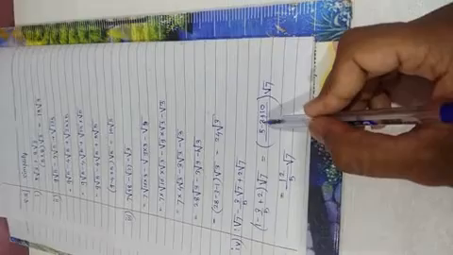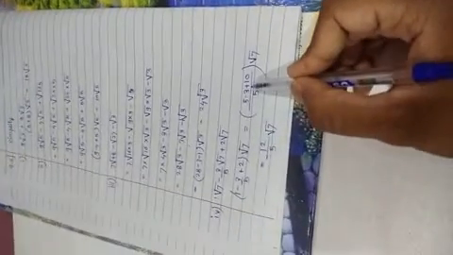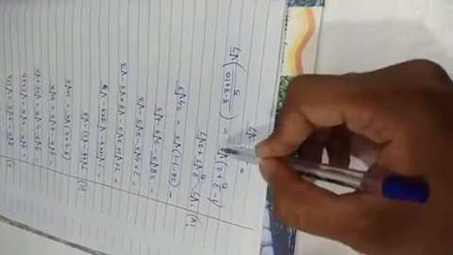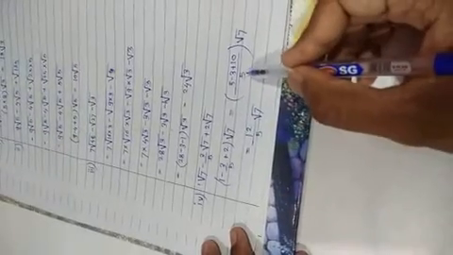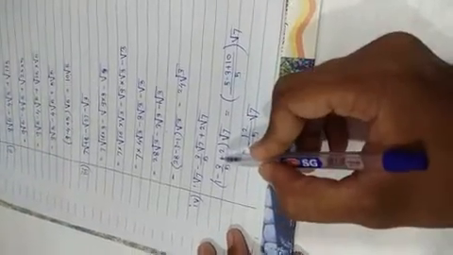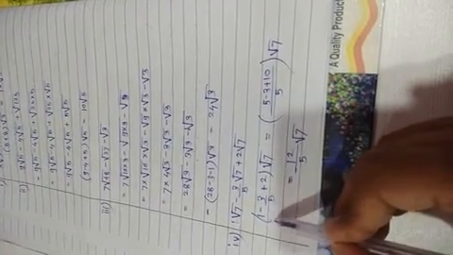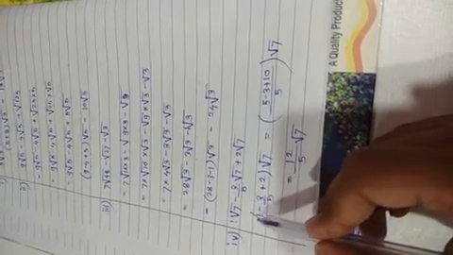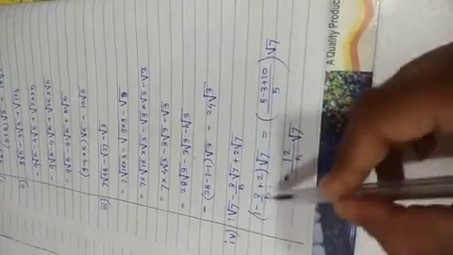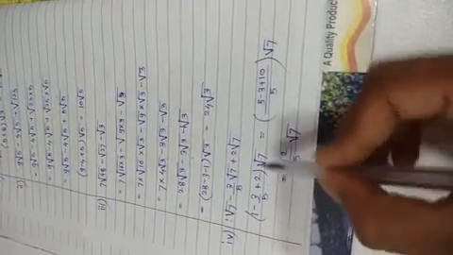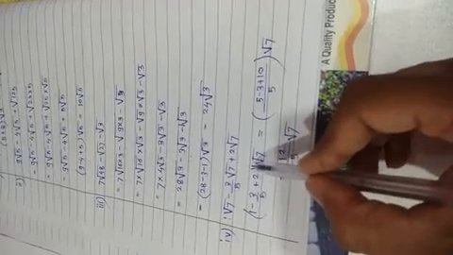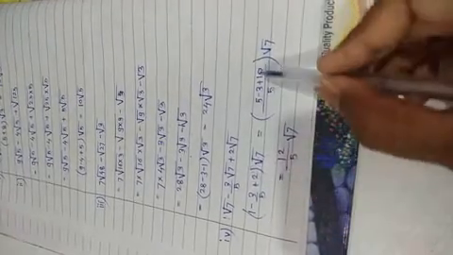The denominator is 5, so we multiply 1 by 5, and 2 also we multiply by 5, so 2 5s are 10.